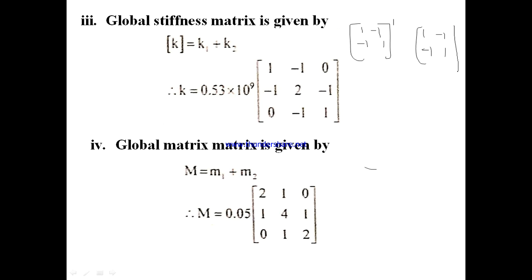So to make this global, for the first element we have nodes 1 2 and 1 2, and for the second element 2 3 and 2 3. So when I make it global, I have the matrix 1 1, 1 2, 1 3, 2 1, 2 2, 2 3, 3 1, 3 2, 3 3.